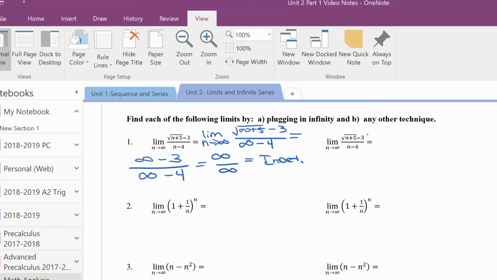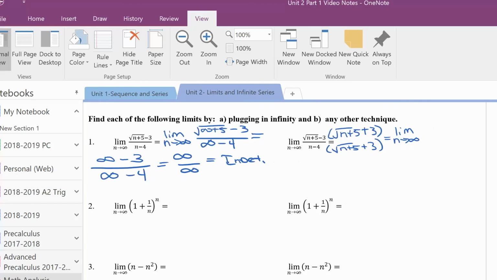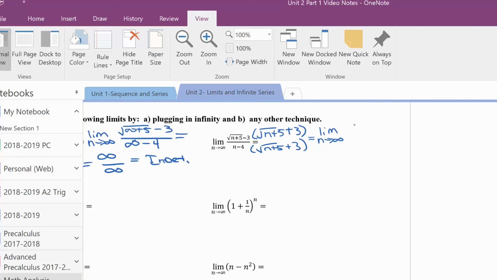To get rid of the square root, we can multiply by the conjugate. So we can multiply by the conjugate of the numerator, so it's square root of n plus 5 plus 3, that we're going to multiply top and bottom. So we get the limit as n approaches infinity of n plus 5 minus 9, because it's the difference of two squares, over n minus 4 times the square root of n plus 5 plus 3.